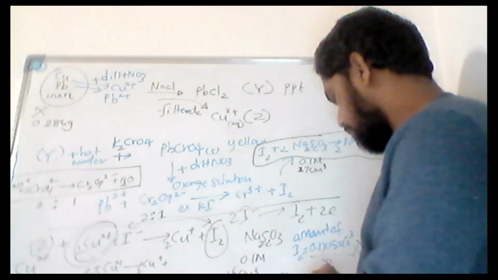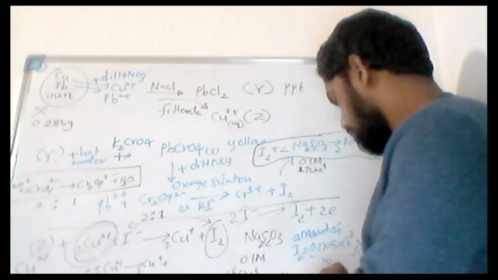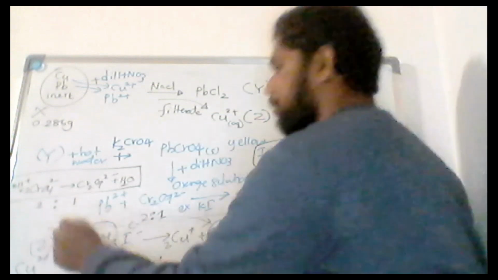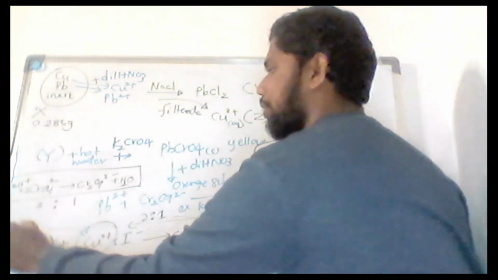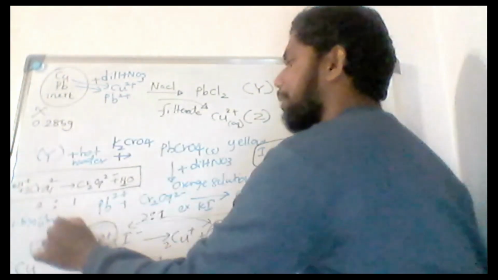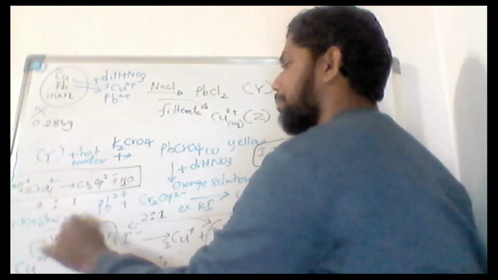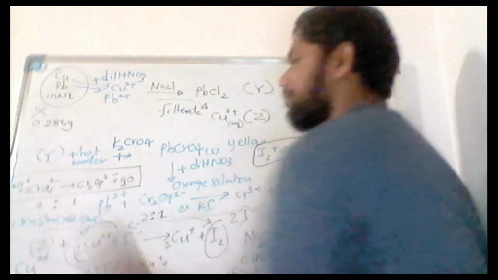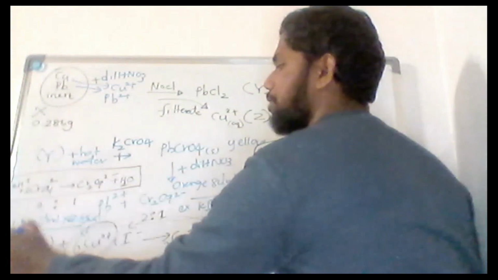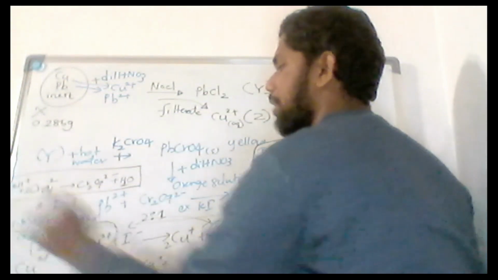So it will be 1.5 into 10 to the power minus 3 moles from this calculation. To get the mass, you need to multiply it by 63.5 gram per mole, which is the mass of copper. To get the percentage, you have to divide this by the weight of the sample, that is 0.285 grams, and multiply it by 100.